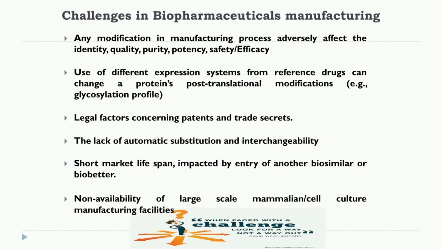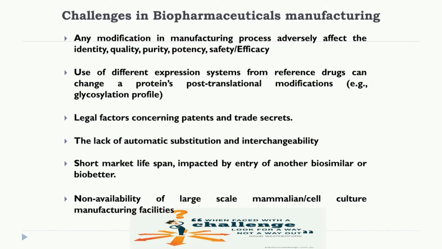What kind of challenges do we face during biological manufacturing? Any modification in the manufacturing process impacts the identity, quality, and purity of the product. Any change in the expression system from the reference drug causes a change in protein translation modification.